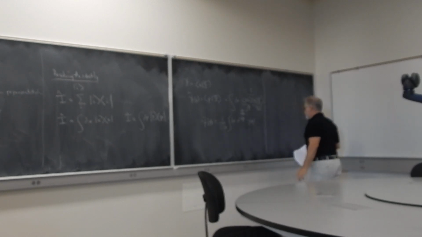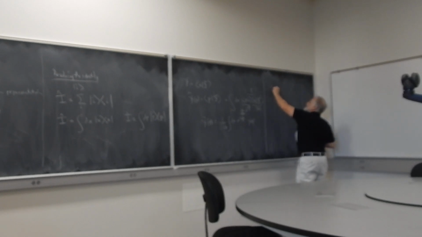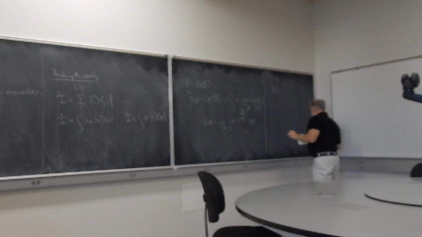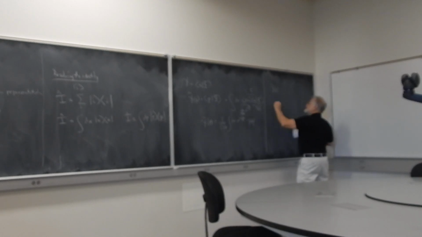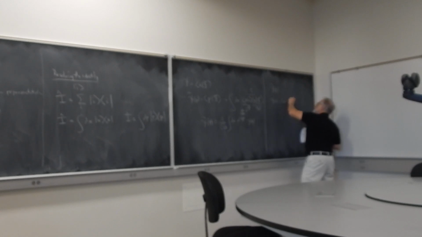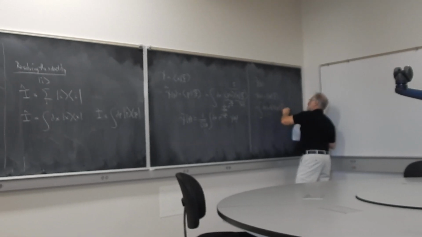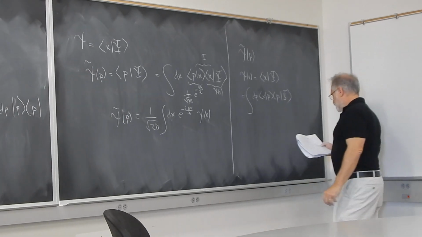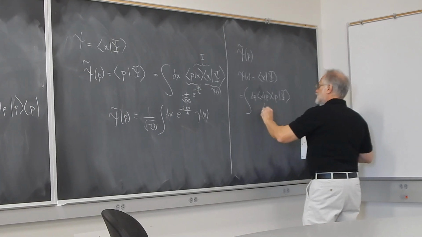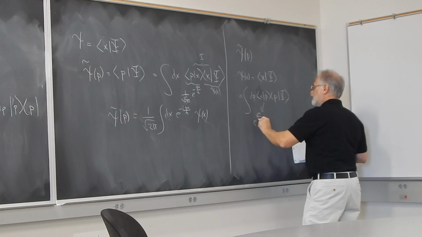Now I can just as easily go the other way. If I know psi tilde of p, but I want psi of x, I can just say, well, psi of x is equal to <x|psi>. And I can write that as the integral of dp times <x|p><p|psi>. This, of course, is e to the i px over h bar.